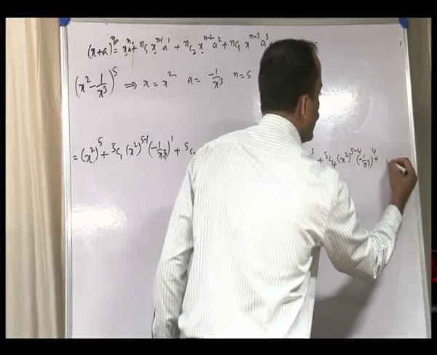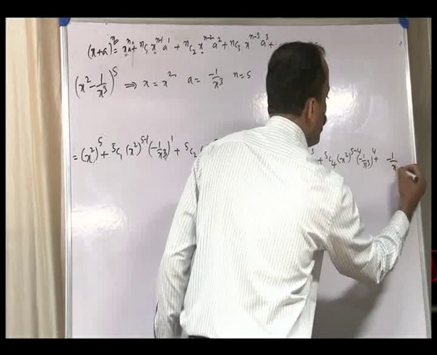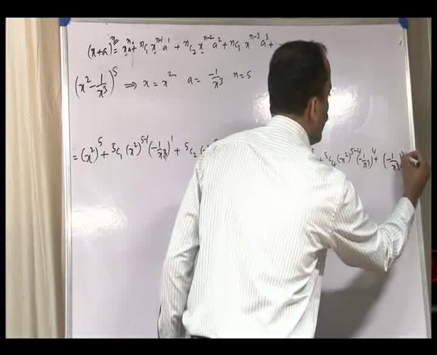Finally, directly we can write the last term is minus 1 over x cube to the power of 5.